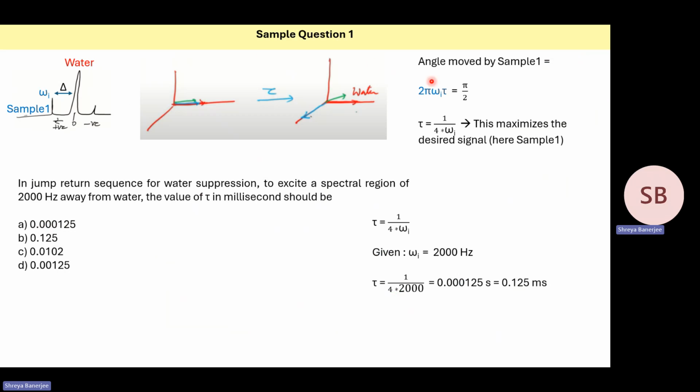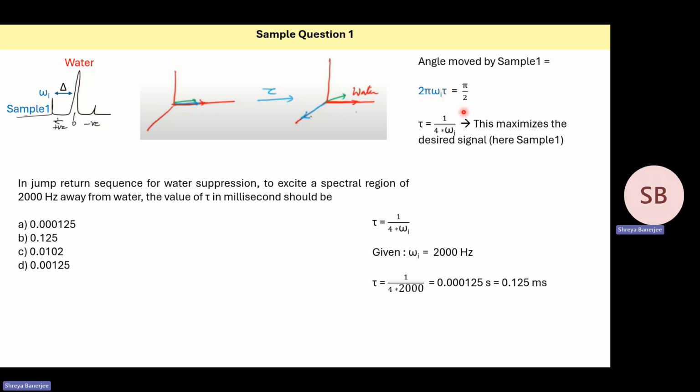Basically, how did we set this time tau, which we are allowing for the spins to precess? Suppose we want high intensity of this blue signal, that is sample 1. In a time tau, the angle moved by sample 1 will be 2 pi omega 1 tau.